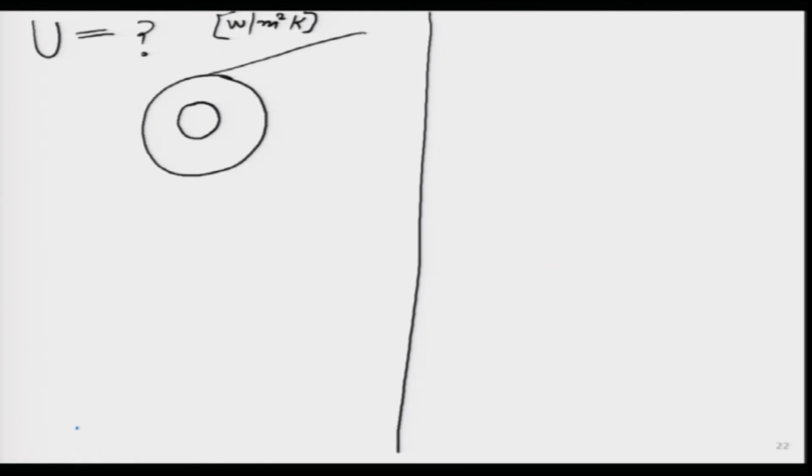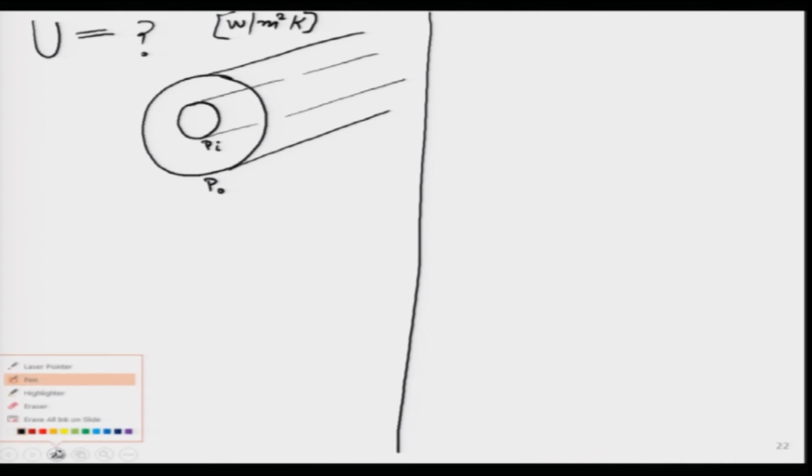So, we are considering the pipe type heat exchanger, one pipe inside the other pipe over there. Okay. Now, I will call that outer pipe P out, and this is the inner pipe. I want to now focus on the inner pipe over here.